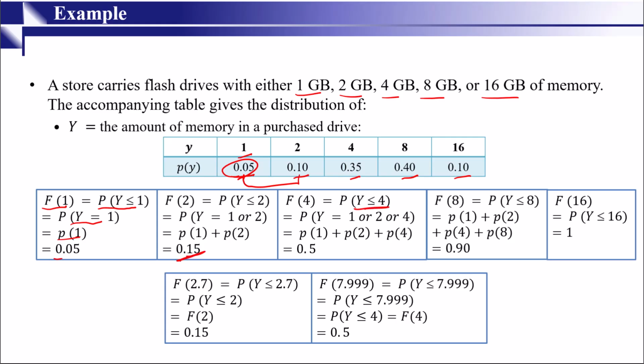For 4, we sum these 3 together and we get 0.5. For 8, we add all of these and we get 0.9. And for 16, all together, you sum up and you will get 1.